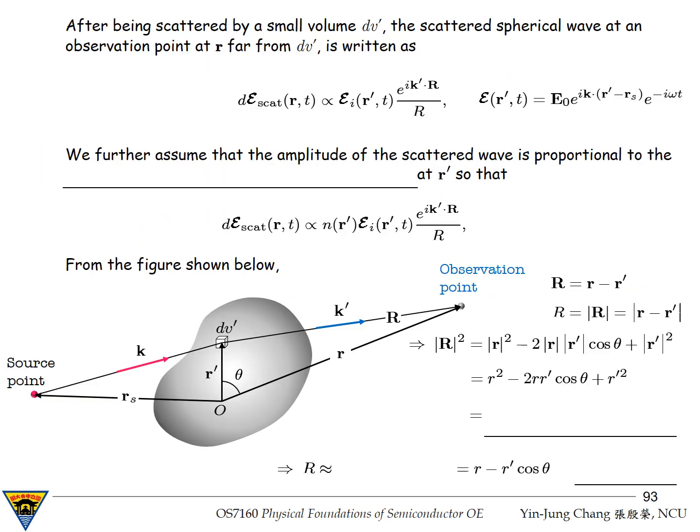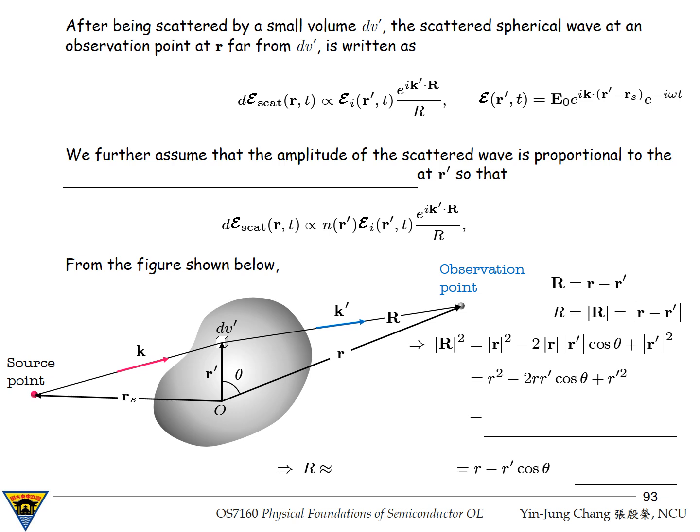Next, we consider the wave scattered by one small volume element, dV prime, located at position R prime. When the incident wave reaches this small volume element, it induces oscillations of the electrons within this region. These oscillating charges then radiate electromagnetic waves.